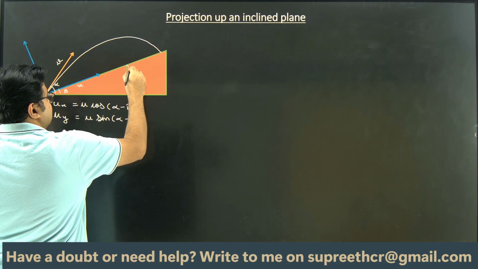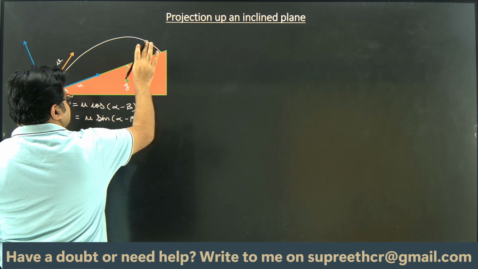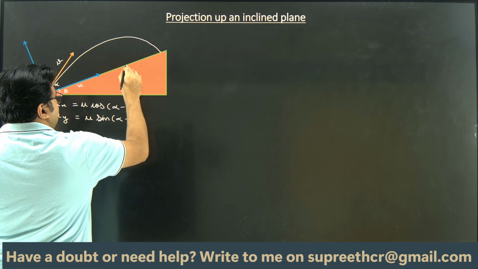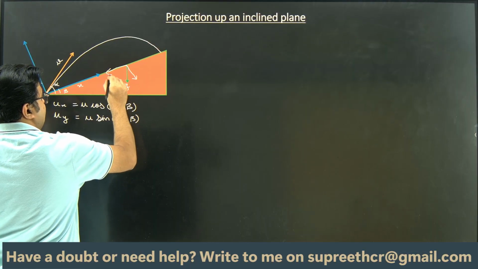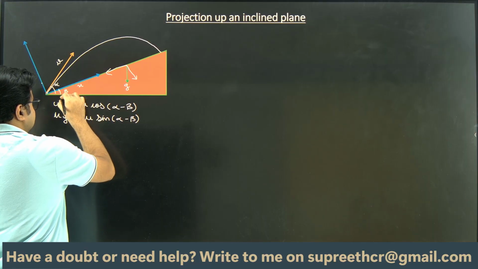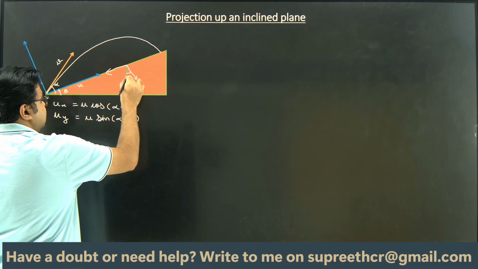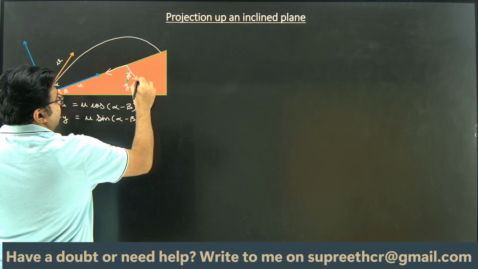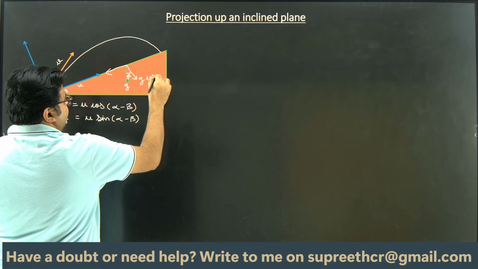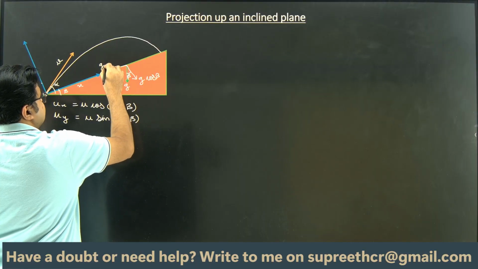Now g can be resolved into a direction perpendicular to the inclined plane, which is going to be in this direction. Another component would be along the direction of the incline. So if the angle of inclination is beta, then this angle, dear friends, is also going to be beta. If you resolve it, this is g cos beta, and the other component is g sin beta.